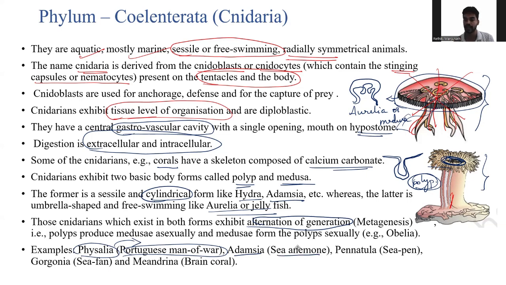Why are the names coming? Because of its structure and nothing much. Then the sea pen, Pennatula, which has a sea pen-like structure. Then the sea fan, that is Gorgonia. Then the last one has a brain-like structure.